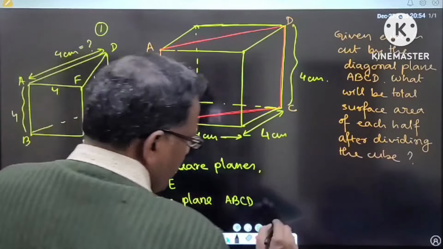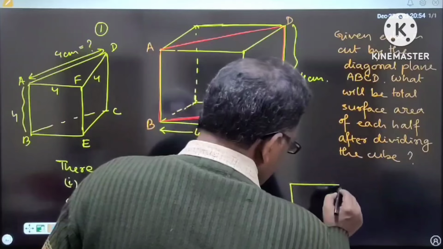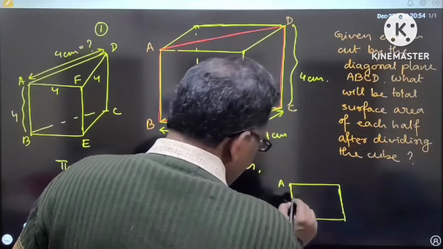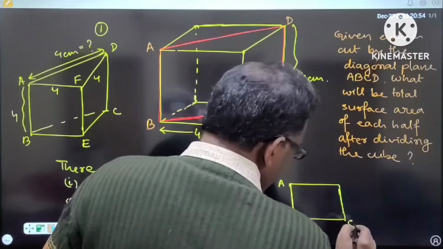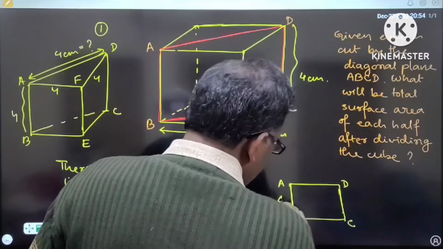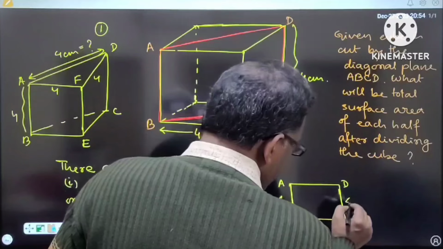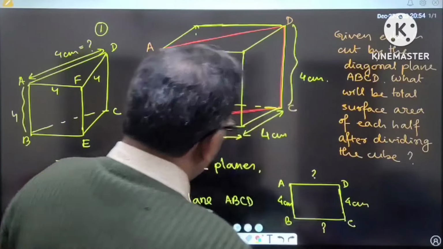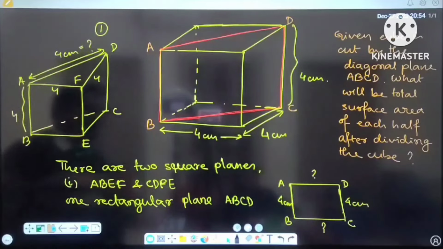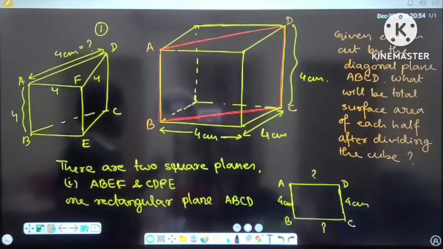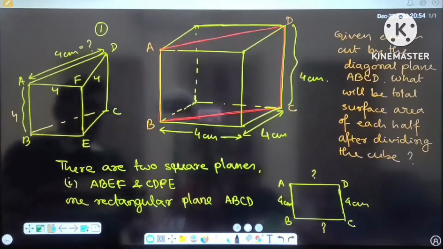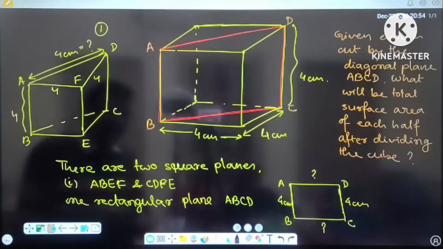So the rectangular plane ABCD can be drawn like this. This is ABCD. Of course, this is 4 centimeter, this side is 4 centimeter, but we do not know the length of AD and BC. We can definitely calculate the length of AD and BC.